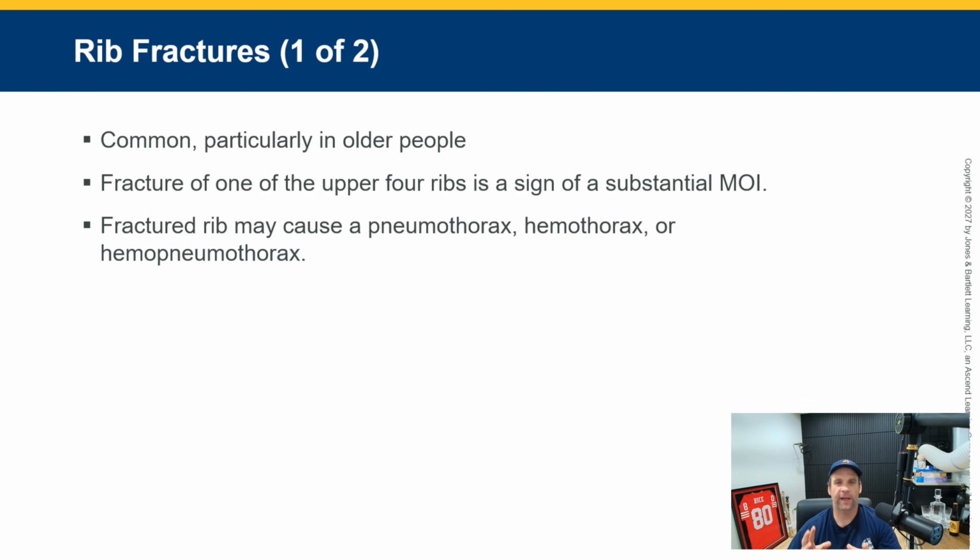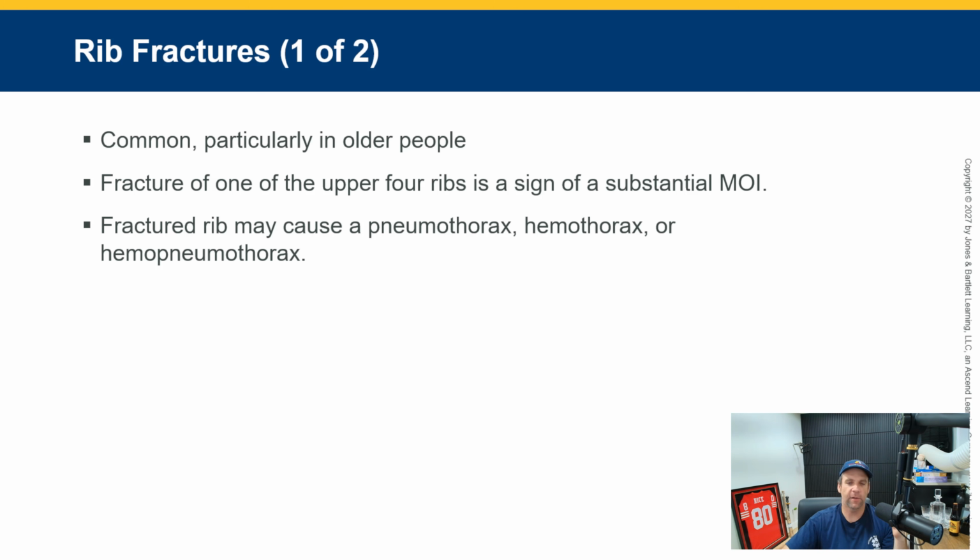A fractured rib can also create a sharp internal edge, so continued chest movement may cause the edge to lacerate the pleura, the lung tissues, or the neurovascular bundle beneath the ribs. Complications from a rib fracture could be a pneumothorax, a tension pneumothorax, a hemothorax, or some combination of those.